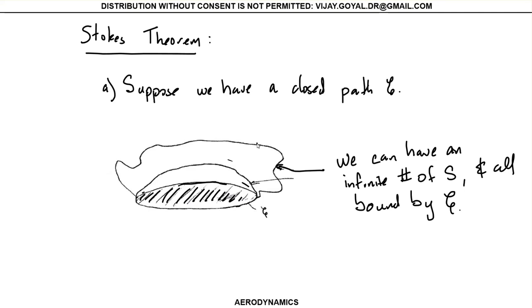So this could be S1, this could be S2, and yet they're all going to be bound by the same enclosed area, okay?